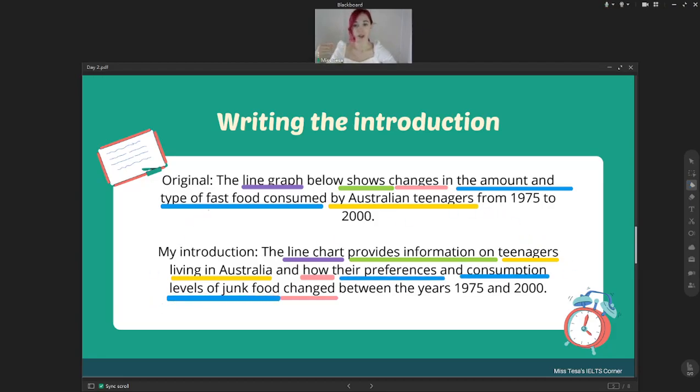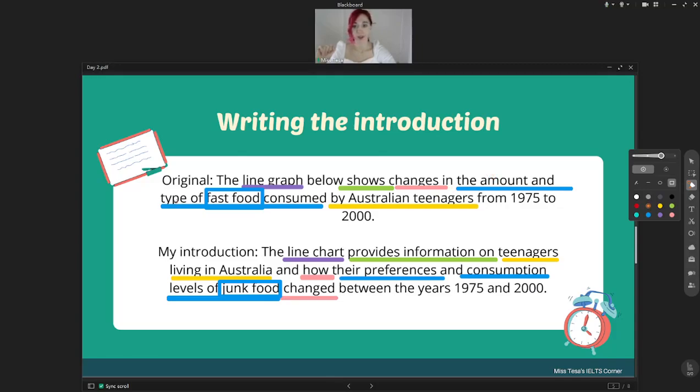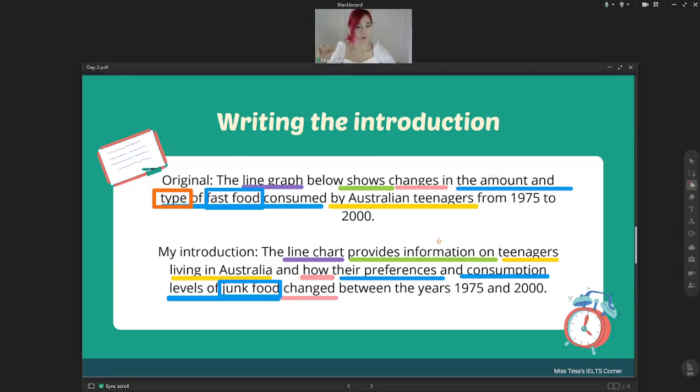Okay, so here I paraphrased fast food into junk food. I paraphrased the type of fast food into preferences, because preferences is really just saying what kind of something you like or what type of something you like. And the amount, I paraphrase it into consumption levels.